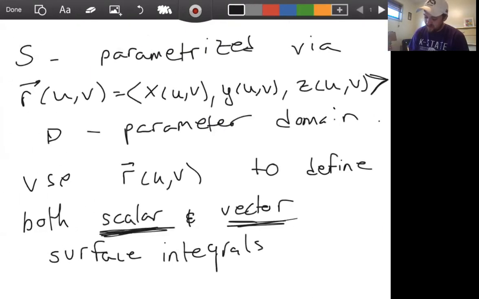Let's start with trying to understand. So first, before we define the scalar surface integral, one really important concept that we should first understand is how to calculate surface area.